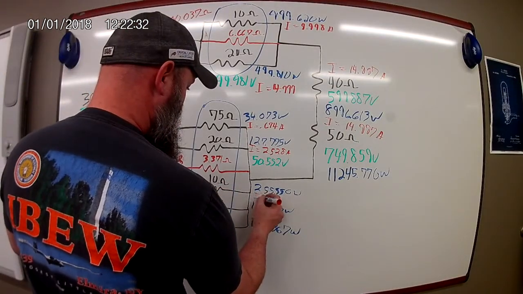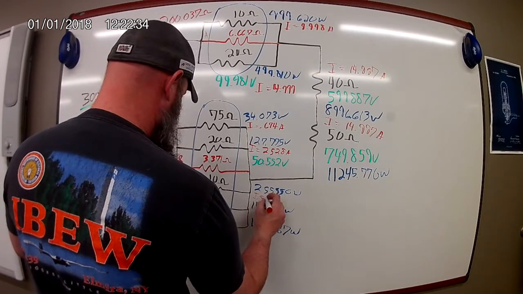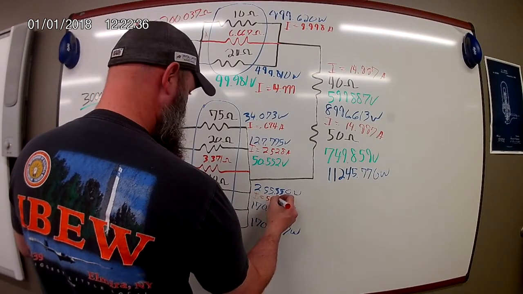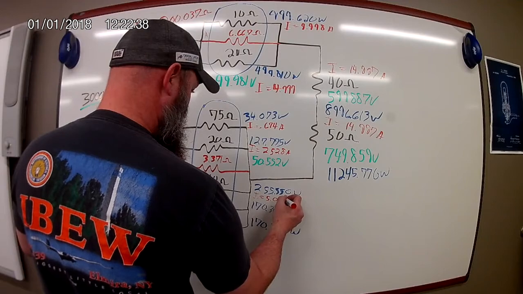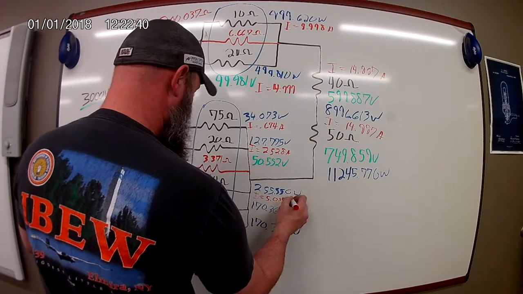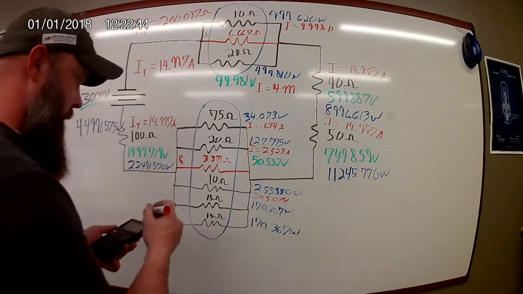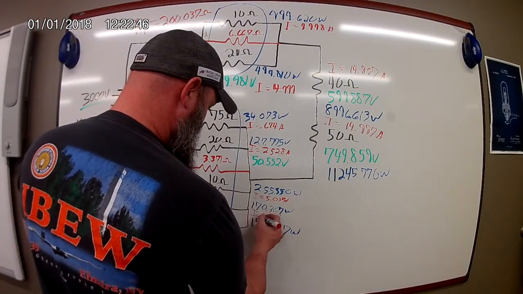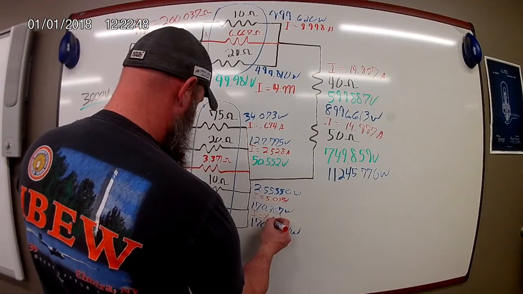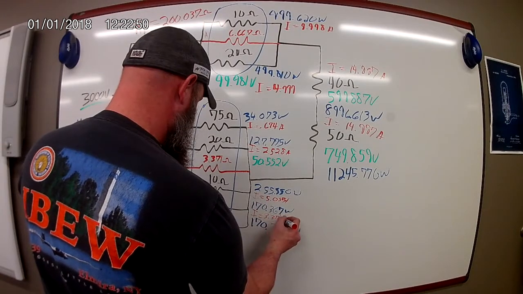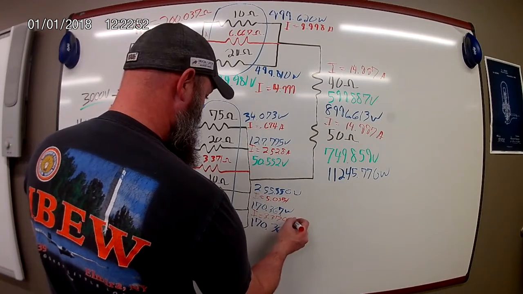Down here, we're looking for this resistor. It's going to be coming out to 5.055 amps. .370 amps.